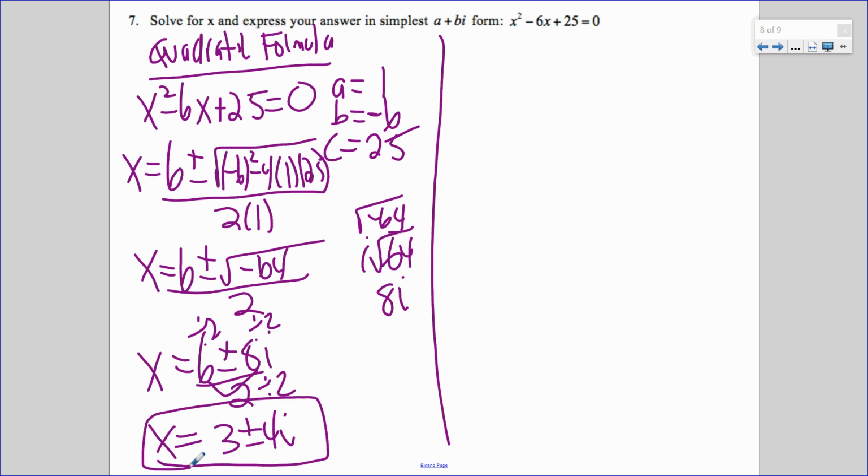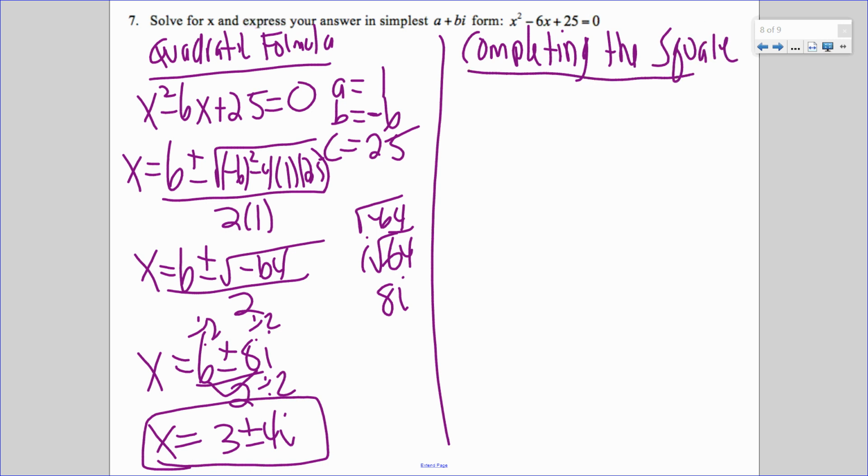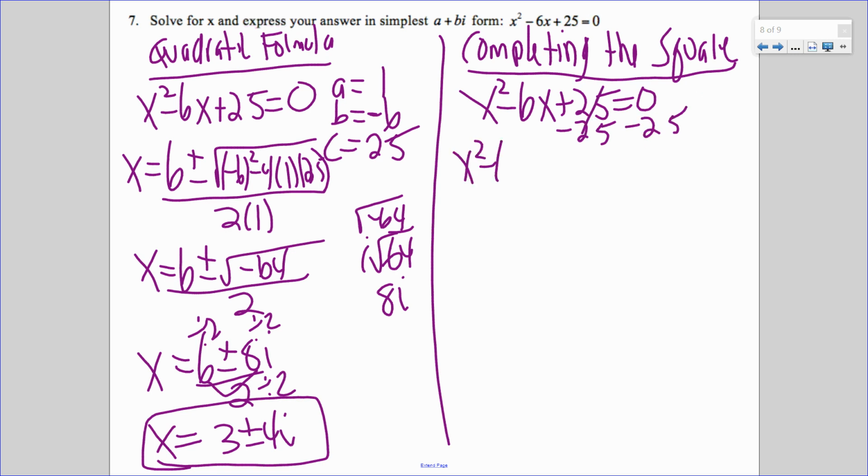Now I'm going to do the same exact problem using the completing the square method. It is not in the proper form for completing the square. For completing the square, I need to bring the constant term to the other side. And then it's time to complete the square.